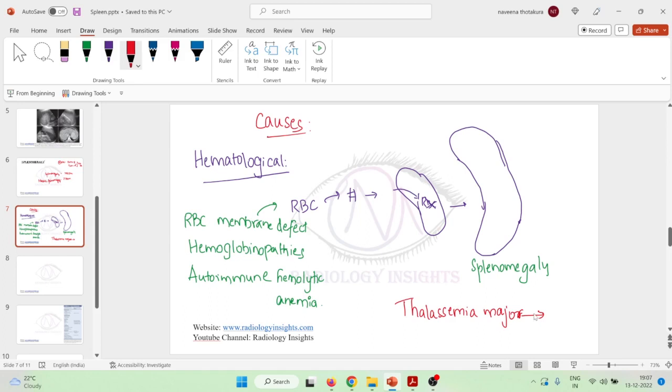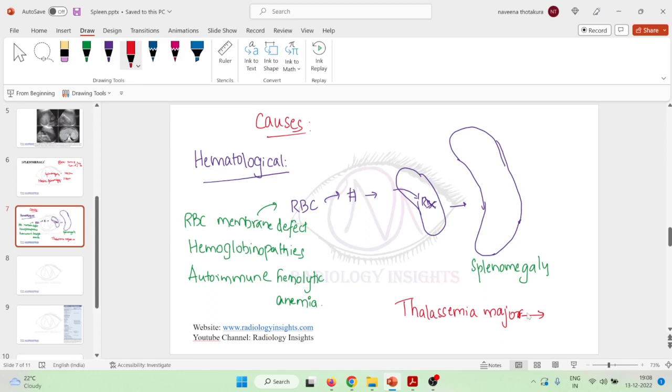Sorry, beta chains are completely absent. As a result, the hemoglobin here is defective. It is one of the hemoglobinopathies which requires transfusions, repeated blood transfusions. So thalassemia major is a hemoglobinopathy which involves the beta chains.